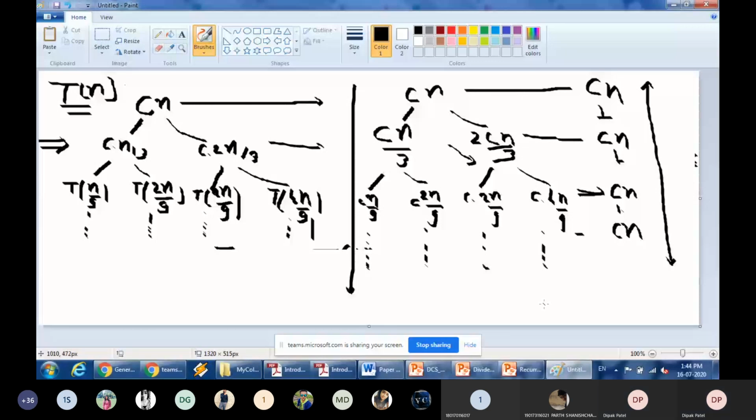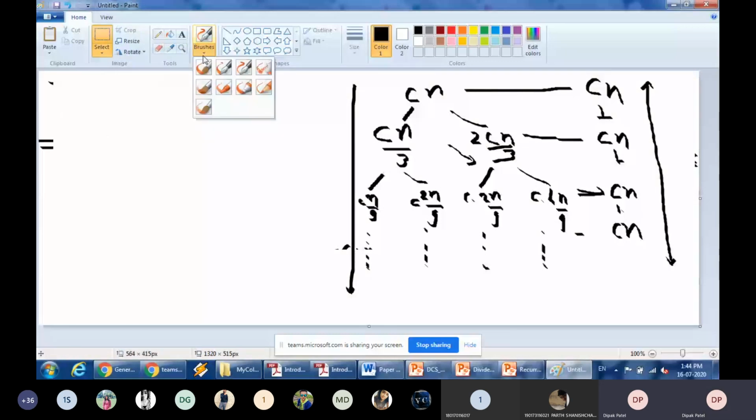To find the height, as I told in an earlier lecture, we need to take log. The original number was n. So the height of the tree can be log n with a base which is the dominating factor. Here in one part we divide by 3, here we divide by 3 by 2, here we divide by 3 by 2. That's why 3 by 2 is the greater part.